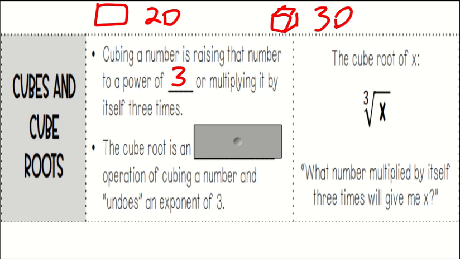So when we cube something, we're raising it to the power of 3. You can see over here on the right, the cube root symbol has a little 3 on it. And a cube root, just like a square root, is the inverse operation for that. What's inverse mean? Reverse, opposite, backwards, right?